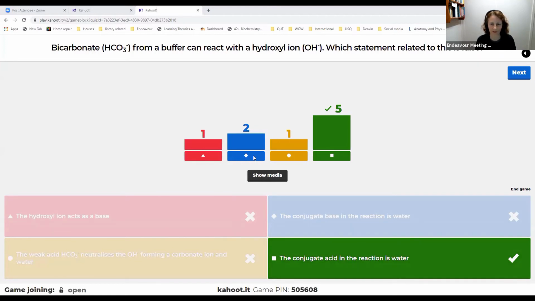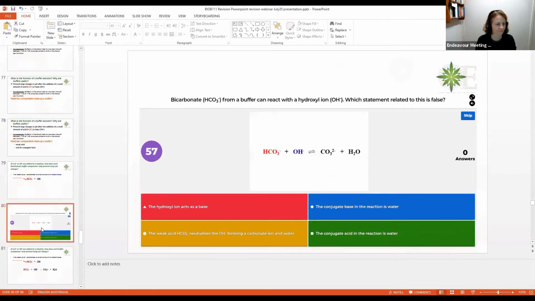So maybe we'll just look at the PowerPoint of that question. Okay, so you can see that we have the bicarbonate, and this is acting as an acid. And you can tell it's acting as a weak acid because there's an equilibrium symbol here. And of course, if you have something that's the hydroxyl ion, you know that it's a base. So you've got your weak acid and the base, and so they are reacting together.